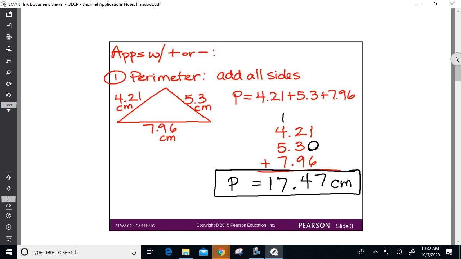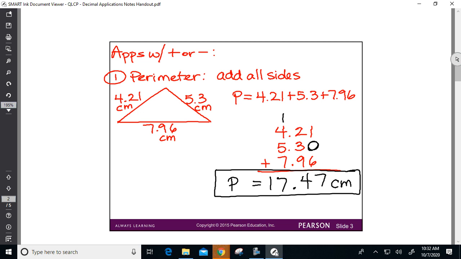So perimeter is a worthwhile application. When you own your own house one day, if you want to put a fence up, you're putting it around the perimeter of your house. Fence goes around the perimeter. Or you want flowers in your backyard and you want to put them around the lining of your property.